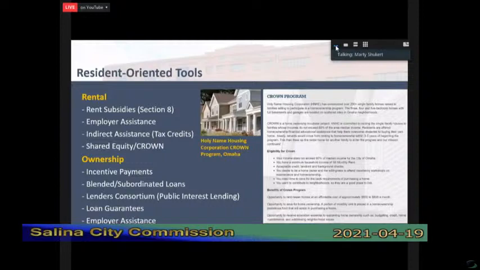So in a rent-to-own project, again, often developed by a CHDO or a CDC, a unit is built as a rental unit. It may even be built as a LIHTC project, which Omaha's Holy Name Housing Corporation has used extensively. The renter gets a certain amount of home ownership training, and a certain amount of their rent payment is escrowed to fund a future down payment, which is then converted to equity.